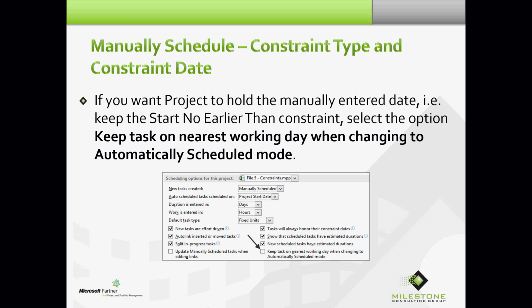And that will set that task on the nearest working day, which could be the day you selected. And how will it hold it there? Start no earlier than. The constraint that's applied based on the steps I've taken so far that you can't see through the indicators column while in manually scheduled mode.